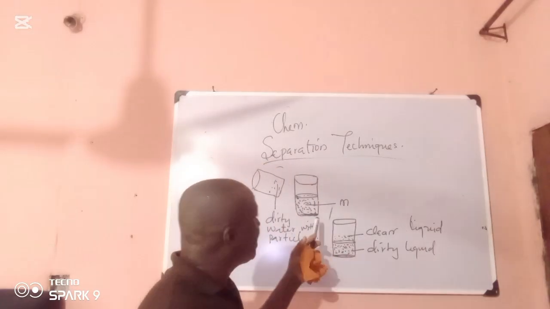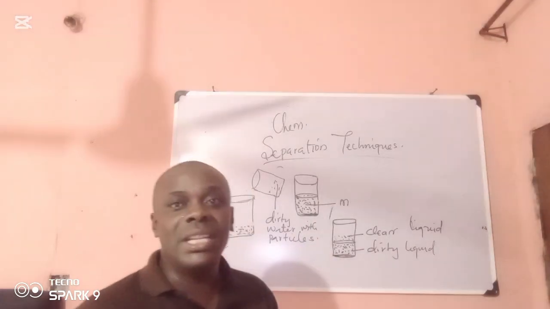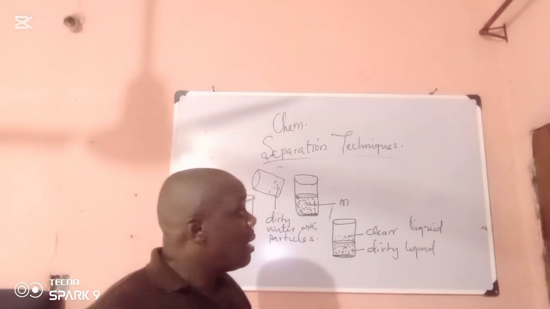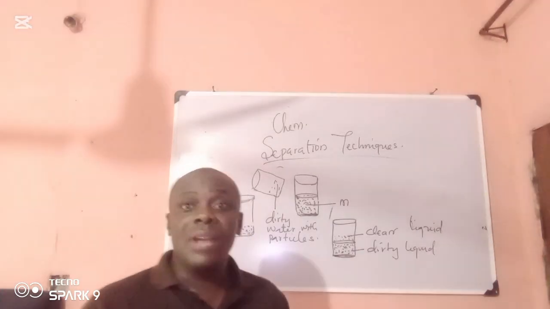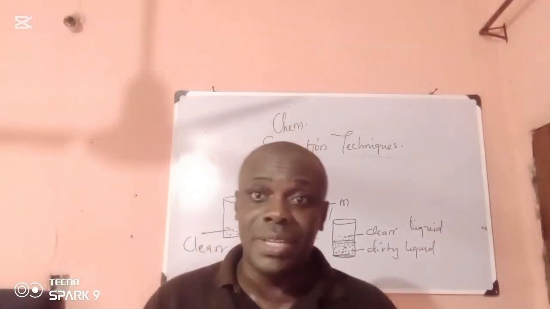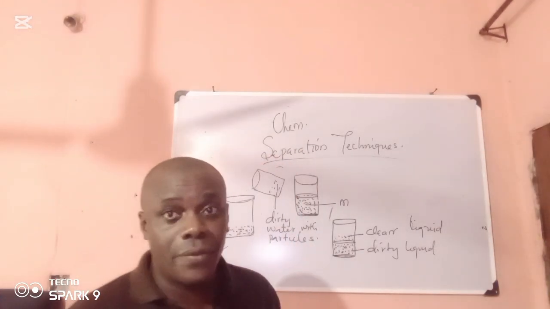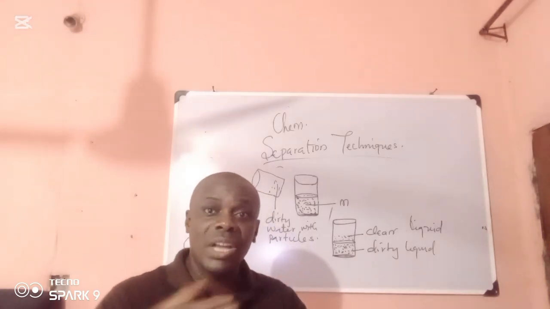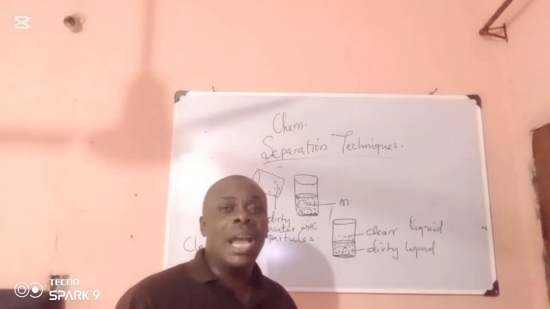So we are saying that this type of thing you can also apply in industries. Maybe, for example, you have your water, and you have some other particles dissolved in it. What you do is allow it to settle for a long period of time, and the water will separate from the dirty particles.